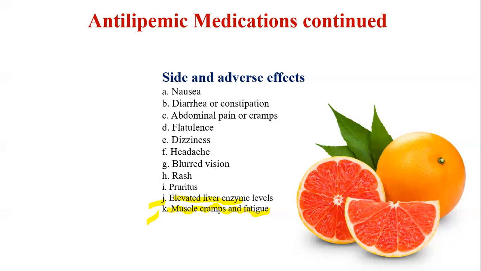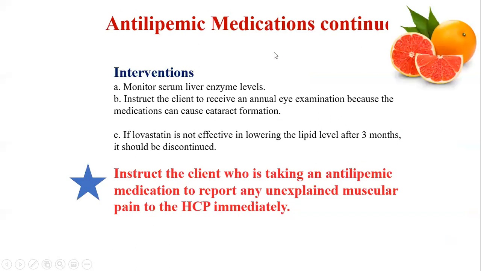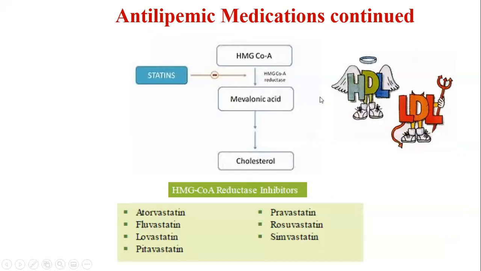So nursing implication is important. Statins, particularly cholesterol lowering agents, HMG-CoA reductase inhibitors. I'm going to talk about common information for all of them. All of them are called statin or HMG-CoA reductase inhibitor.